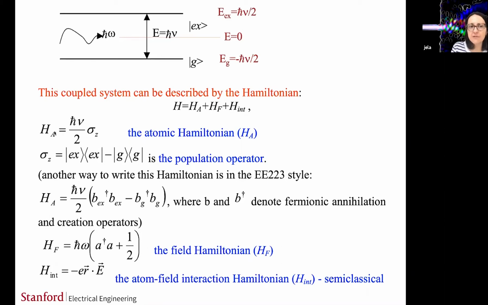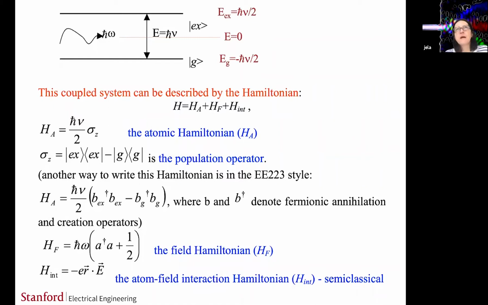So you can easily see that when you apply this atomic operator onto the excited state, the excited state is an eigenstate of the atomic operator with eigenenergy plus h bar nu over 2. And when you apply it to the ground state, it is an eigenstate with the energy minus h bar nu over 2. And that's because the excited and ground states are orthogonal to each other.